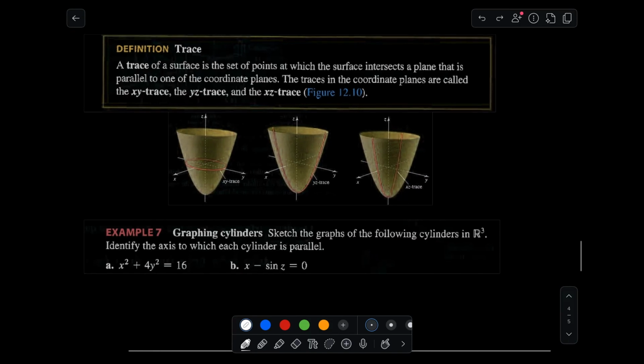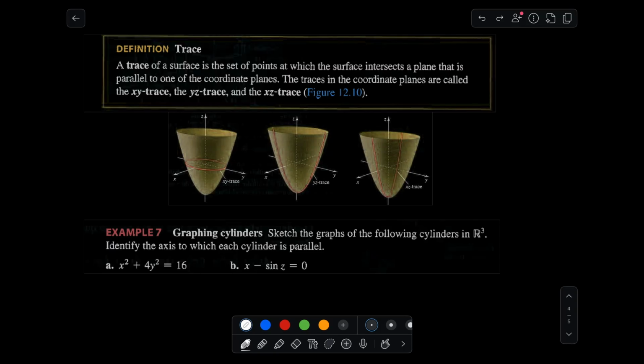as well. And then this is our last definition, and this is probably the most important thing to take away from this section: the definition of a trace. When you are graphing 3D functions, having traces is going to make your life so much easier.